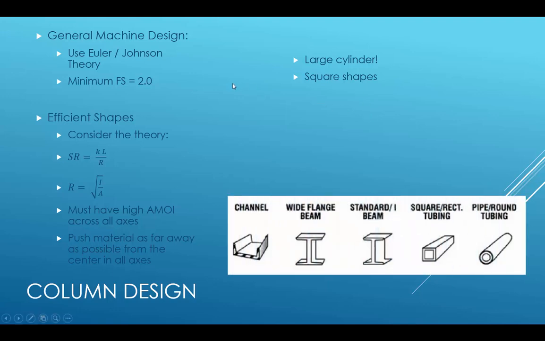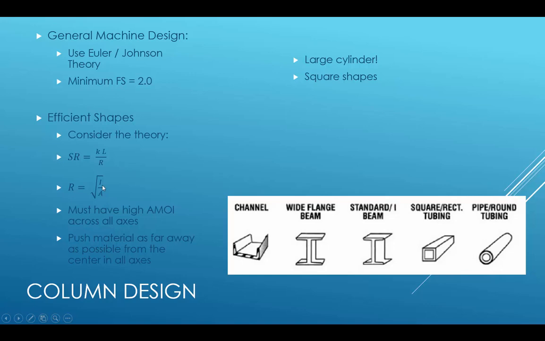Let's see what some of these other shapes we have are. So notice how the square tubing and the round tubing have hollow insides. That's because material in the middle is relatively useless in terms of what you have going on here. In fact, it doesn't give you much I at all and increases your area.